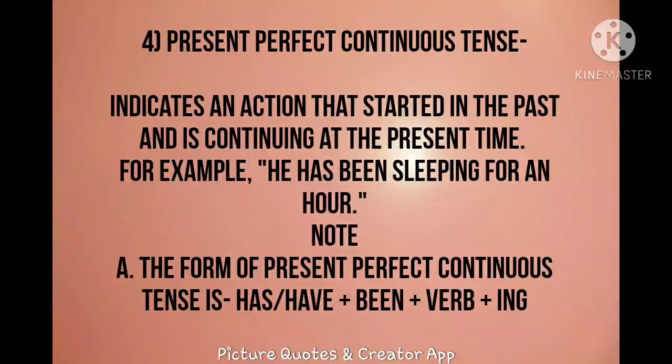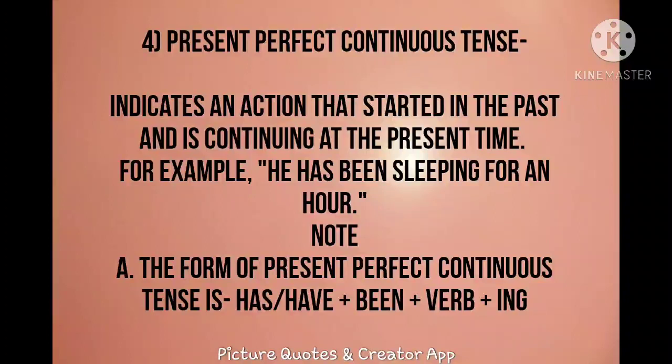The next one is present perfect continuous tense. The present perfect continuous tense indicates an action that started in the past and is continuing at the present. So the action takes a long time, some duration, and it started in the past and is continuing in the present.